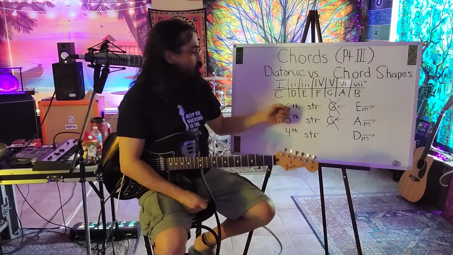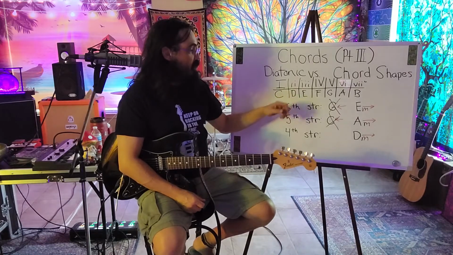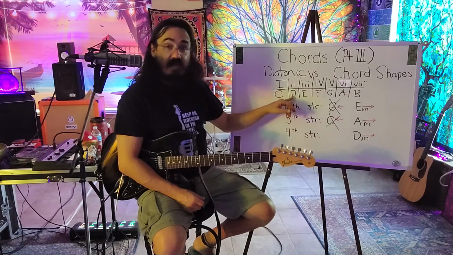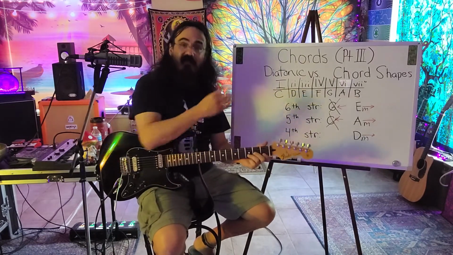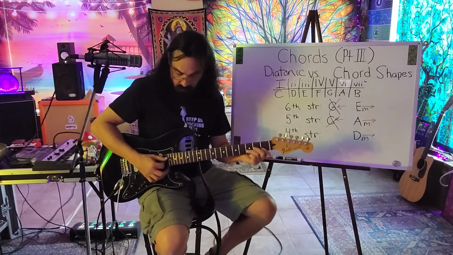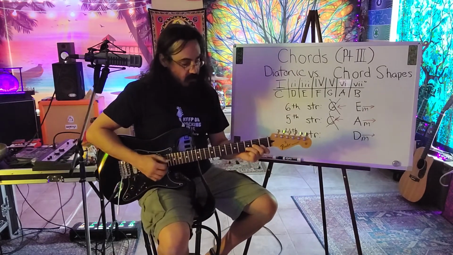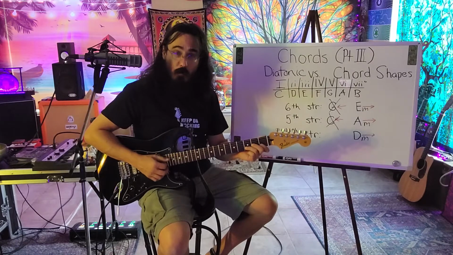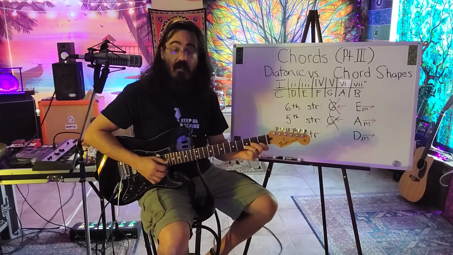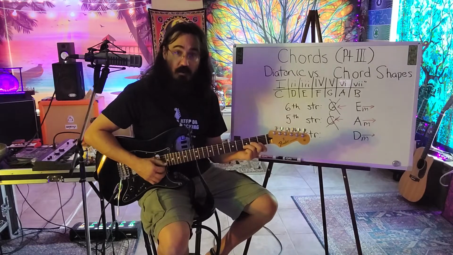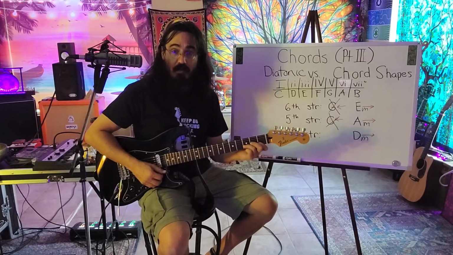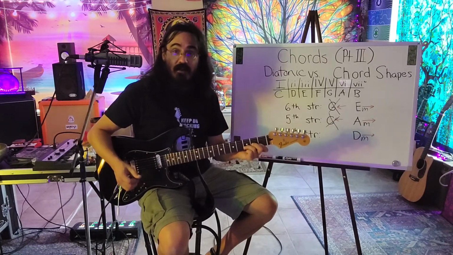So let's start with the D chord, okay, which 2 episodes ago we saw 4th string open, 3rd string, 2nd fret, 2nd string, 3rd fret, 1st string, 1st fret. It's the D minor shape.